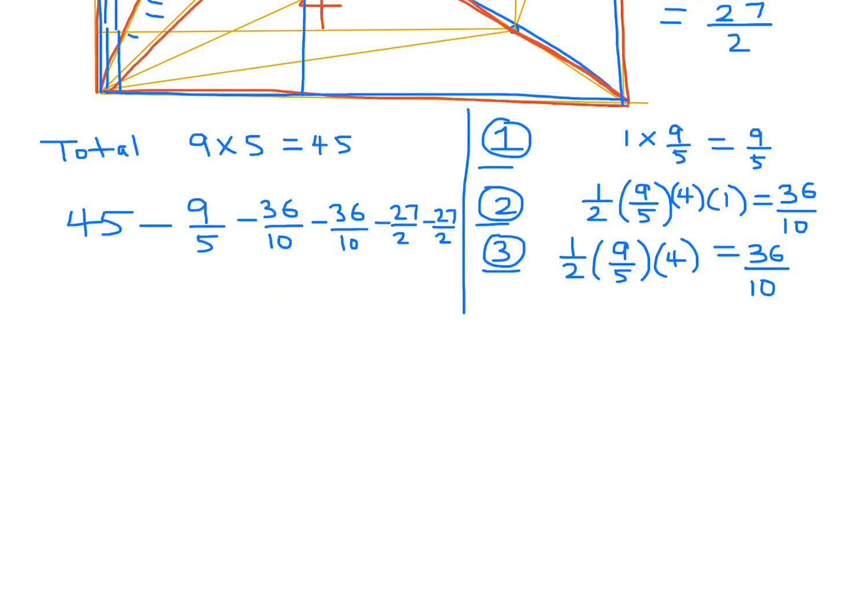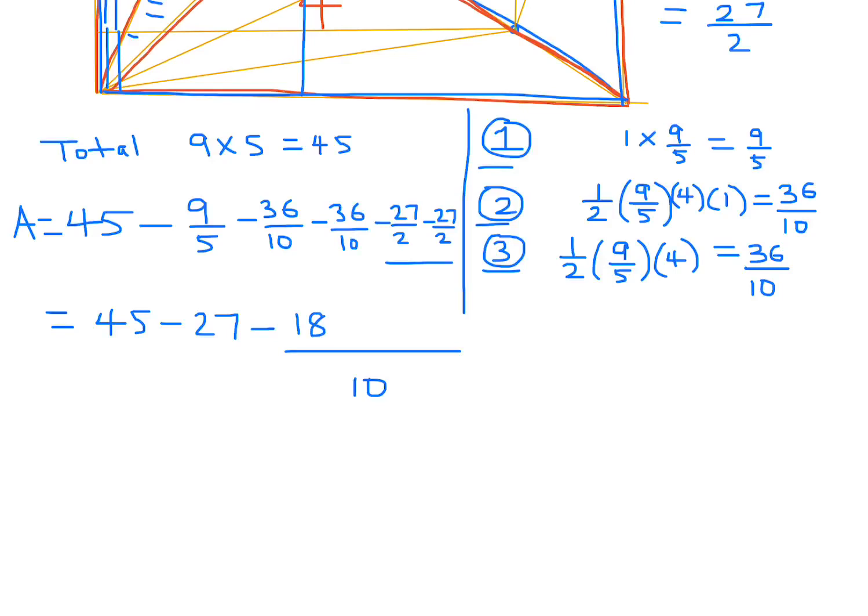And now it's just a simple calculation. So we've got 45, probably going to need a common denominator. Well, 27 over 2 and 27 over 2 is just 27. And then minus, this looks like common denominator is 10.